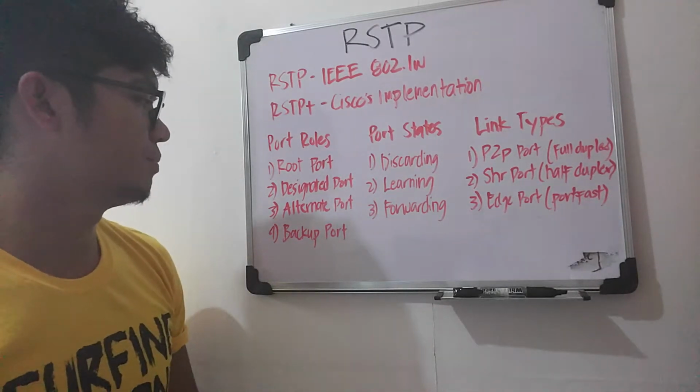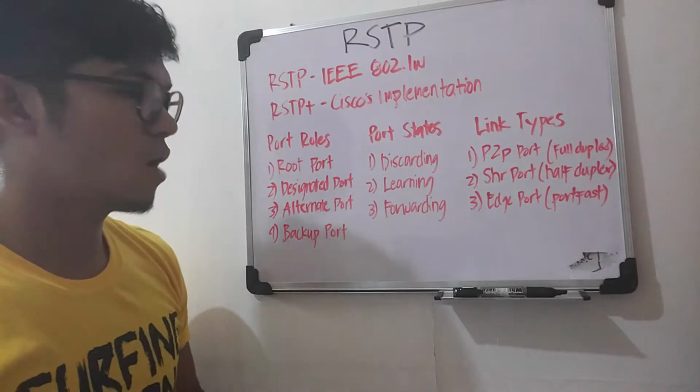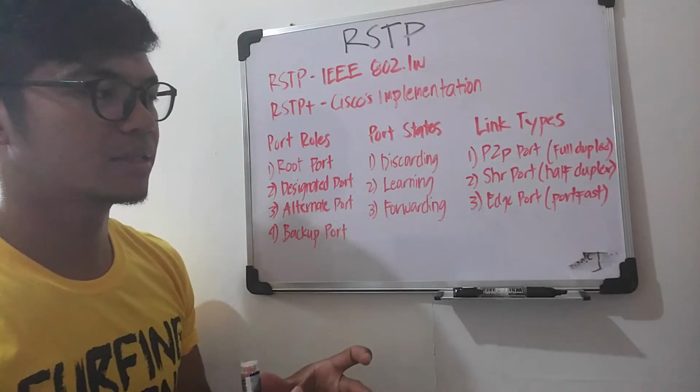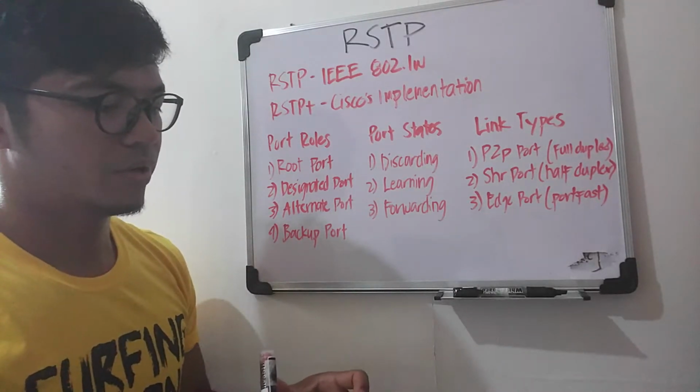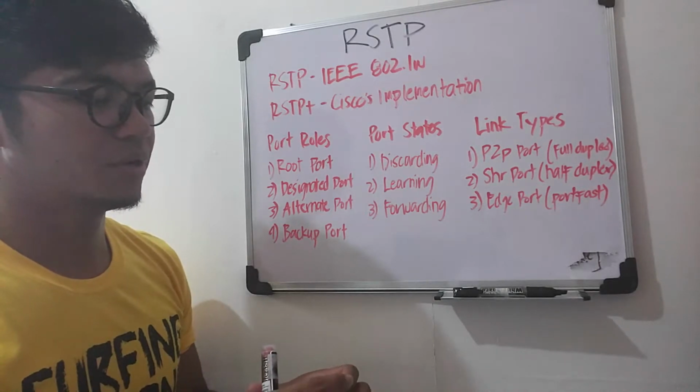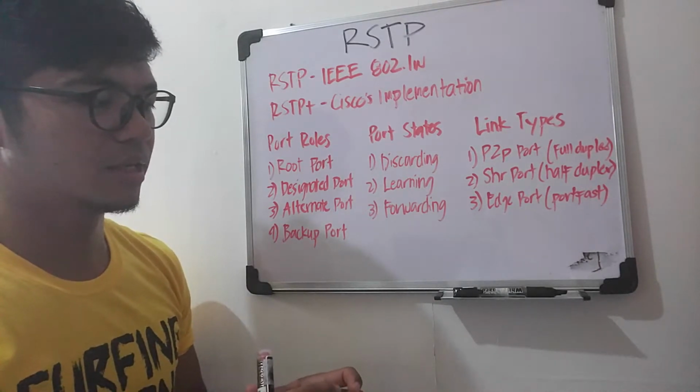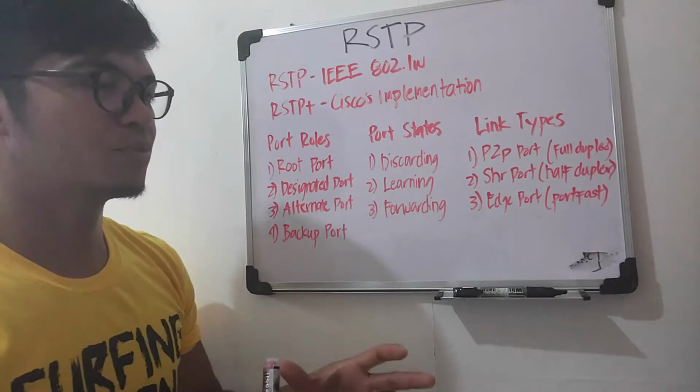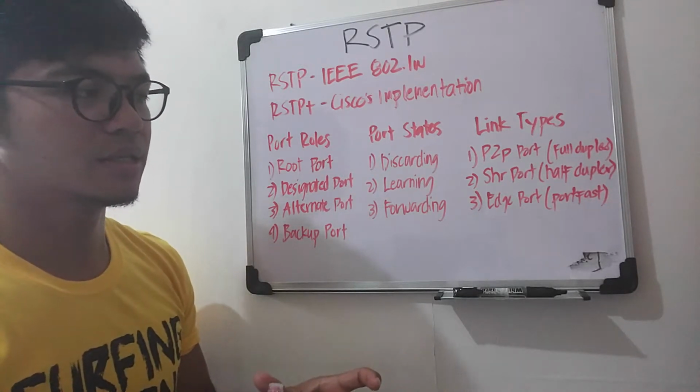Sorry. So if you have one switch with two uplinks, one of them should be the root port, and the other one is the alternate port.